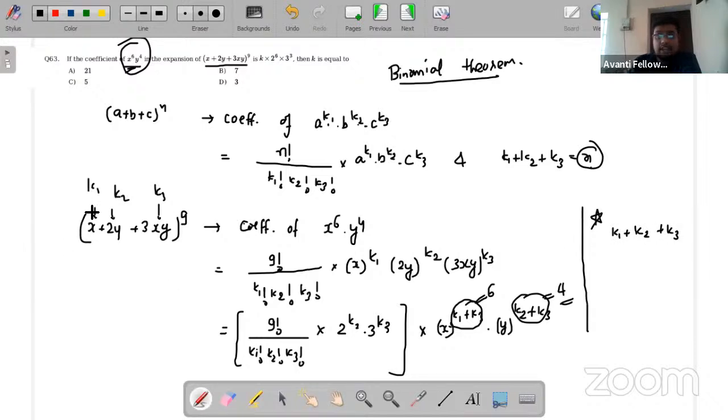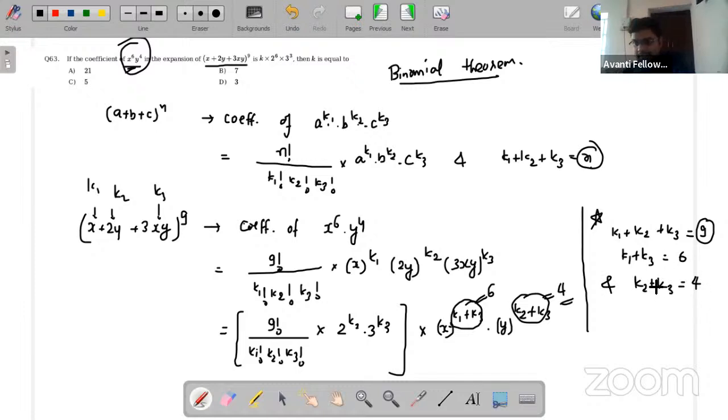Remember, we have used k1, k2 and k3, so this sum should also be equal to the net power in the binomial expression, so that is 9. Now, using the comparison, we can say that k1 plus k3, the power of x, should be equal to 6, and k2 plus k3, the power of y, should be equal to 4.